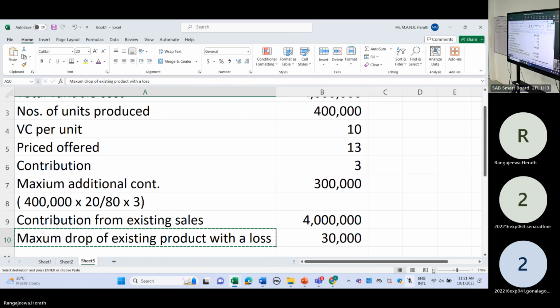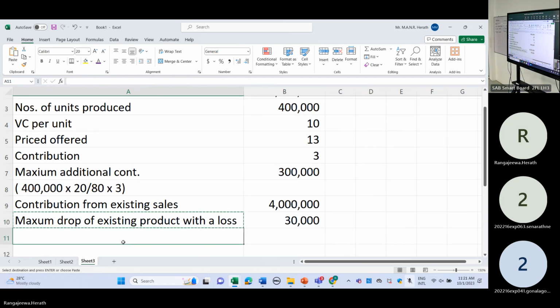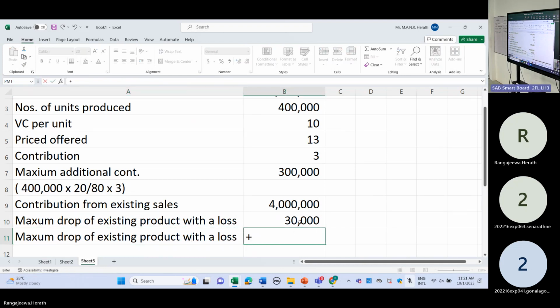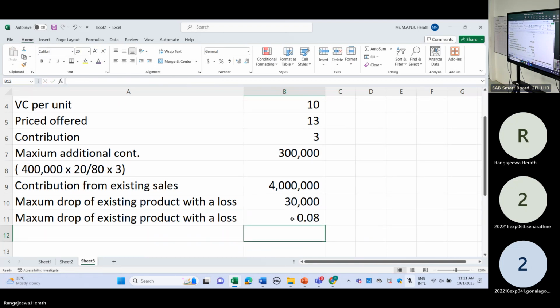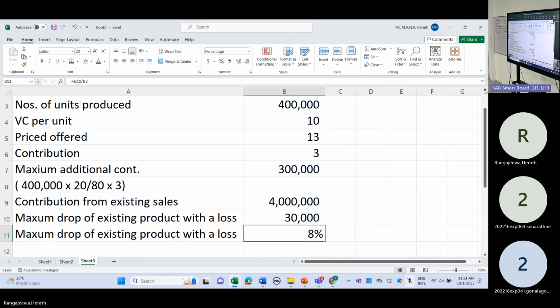As a percentage of 400,000, it is approximately 8%. Right? If our existing sales drop by more than 8%, we will have a financial loss. Is that clear?